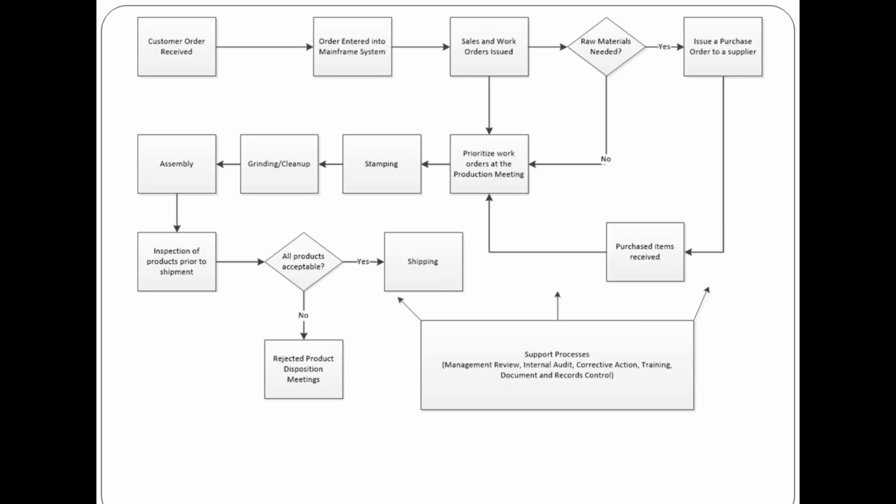Internal audit should be an assessment of the entire system. Corrective action could potentially impact the entire system. Training will impact personnel in all other areas and so forth. So for that reason, it's not connected to any individual process, but rather it's presented as being connected to everything. And that's kind of the intent here.